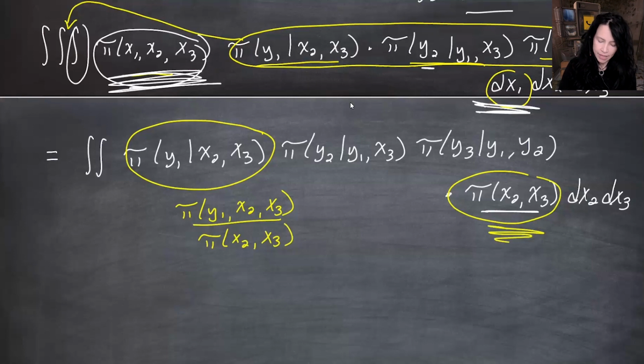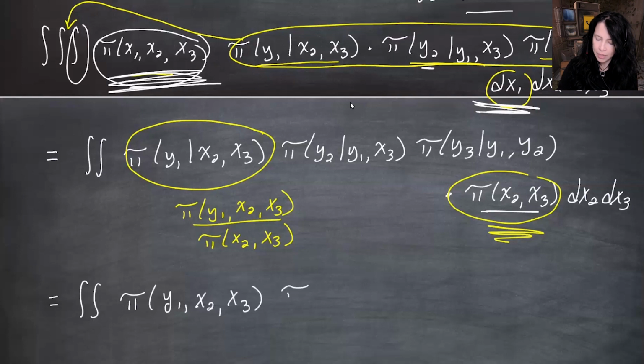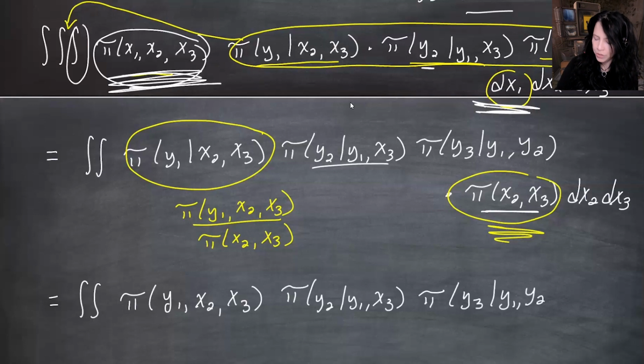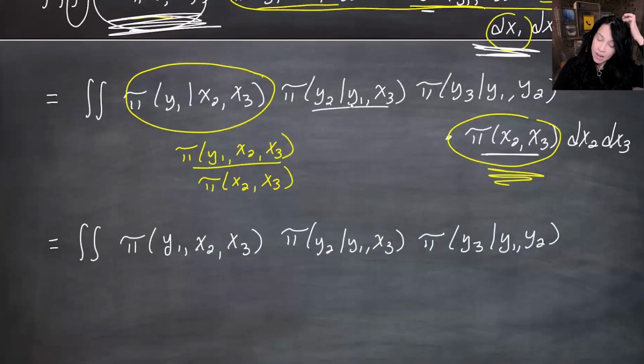So I can rewrite this as the double integral of pi of y1, x2, x3, and then, now I'm taking down this term, pi of y2 given y1, x3, pi of y3 given y1, y2. I haven't integrated yet. All I've done is combine those two yellow circles, dx2, dx3.